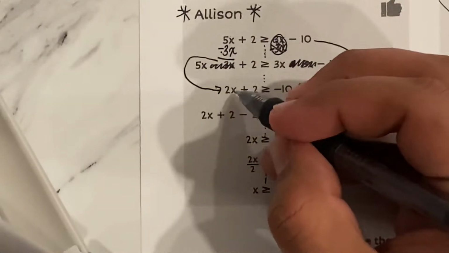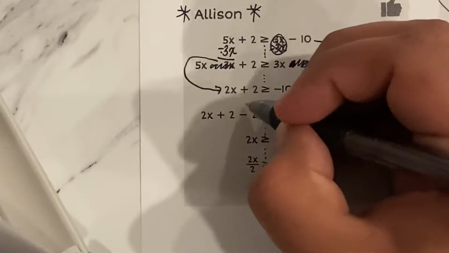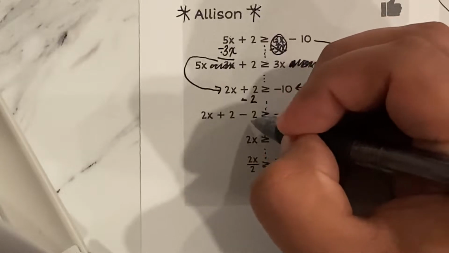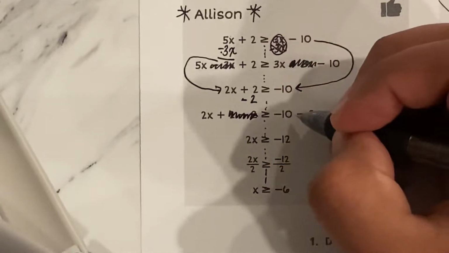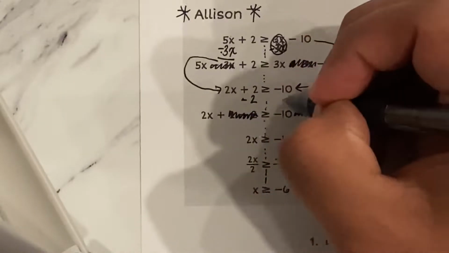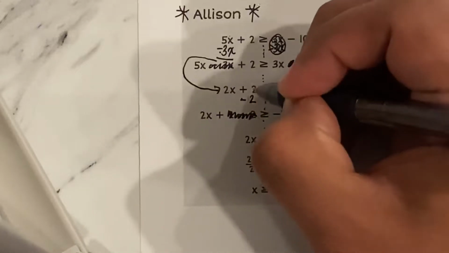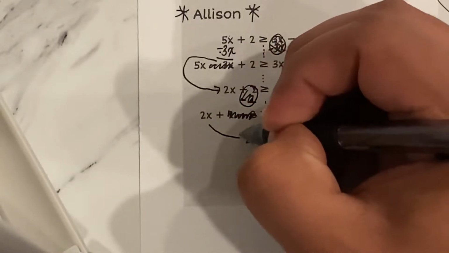After this, we're stuck in this part now. Gotta move this 2 over here. I gotta subtract 2, which is where you can see right here. I'll scratch this off so we don't get confused. Minus 2 on both sides. 2 minus 2 is 0, which is why this just comes down here.